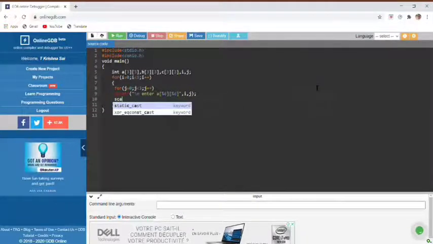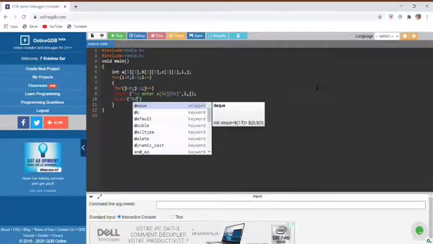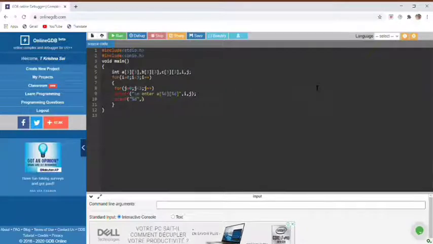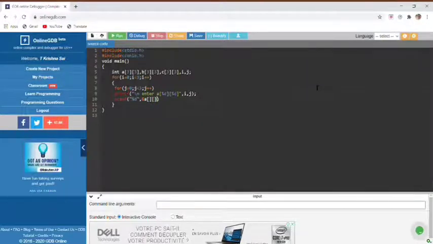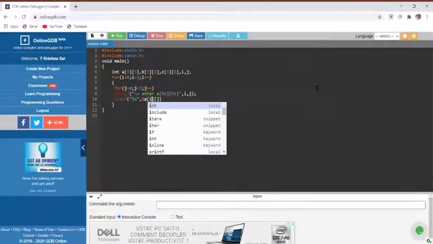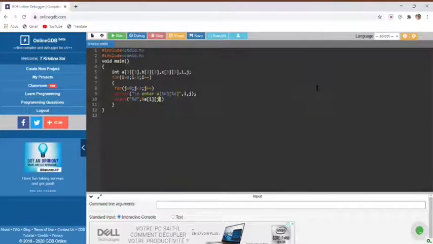scanf. Sorry, printf for the user, with slash n, but percentage d. The scanf operator we use to read those matrices.